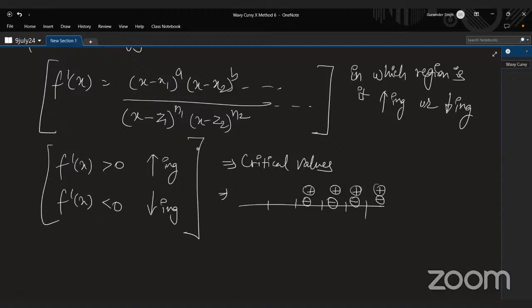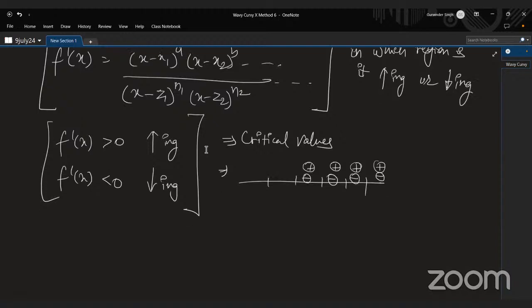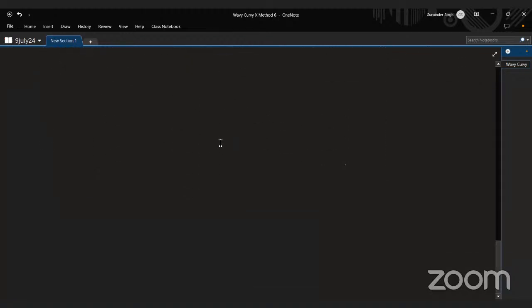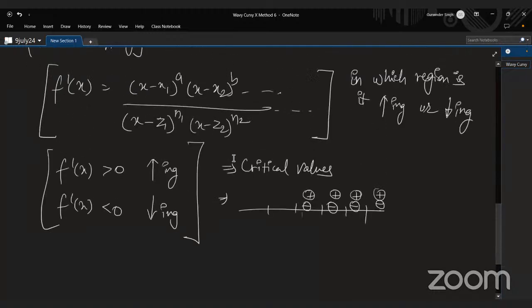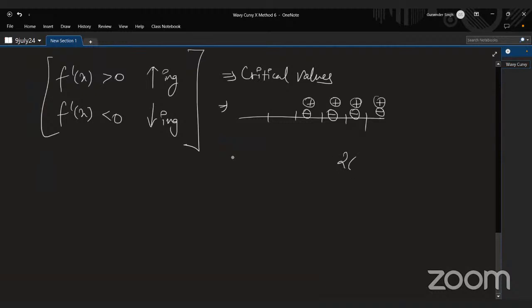Yes, sir. So basically it is a mind mapping problem. Regarding this, I have shared the PDF with you yesterday, right? Please look at page numbers 26 and 27 of the PDF.